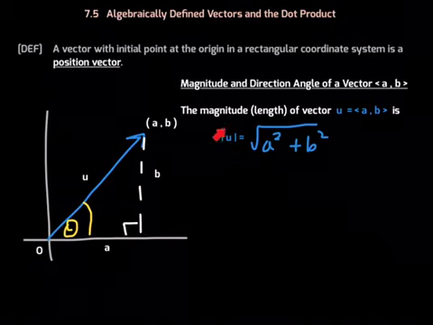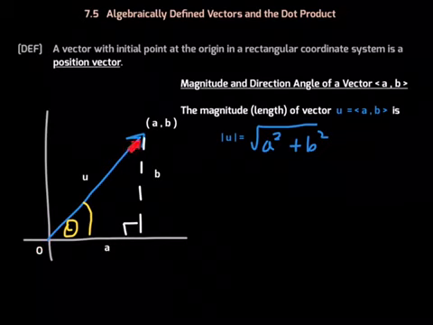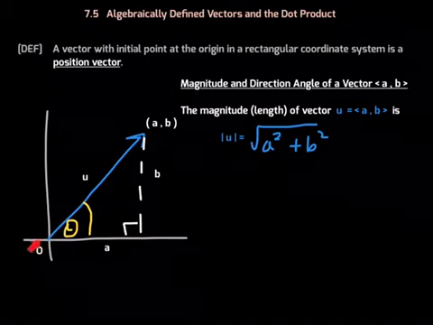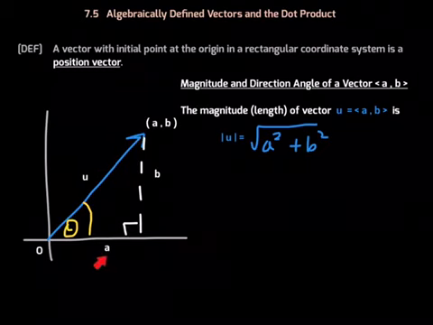So the magnitude or the length of this vector is the square root of a squared plus b squared. Now, you can see how this ties into the Pythagorean theorem. The length of this vector is basically the hypotenuse of this right triangle that is formed here, right? So the length or the distance from the initial point to the terminal point is basically the hypotenuse, which can be found using the Pythagorean theorem, the square root of a squared plus b squared.